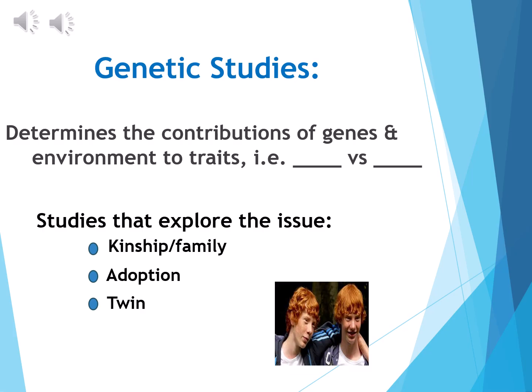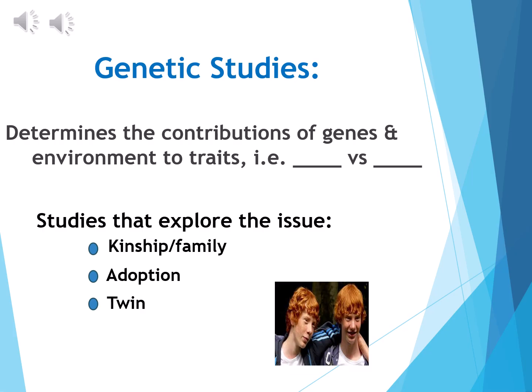Hopefully you wanted to put in the first blank the words relating to genes or genetic, nature, and the second blank related to environment, which is sometimes referred to as learning factors. Hopefully you wanted the word nurture.